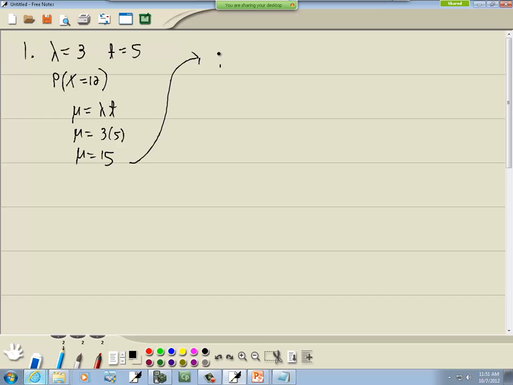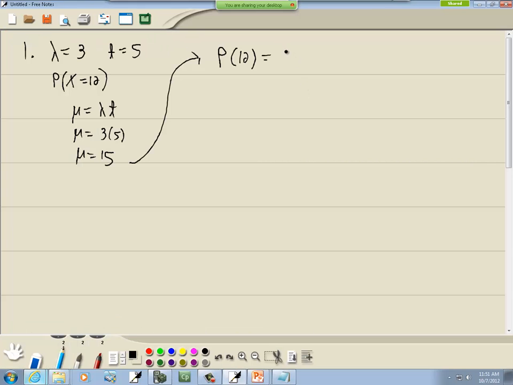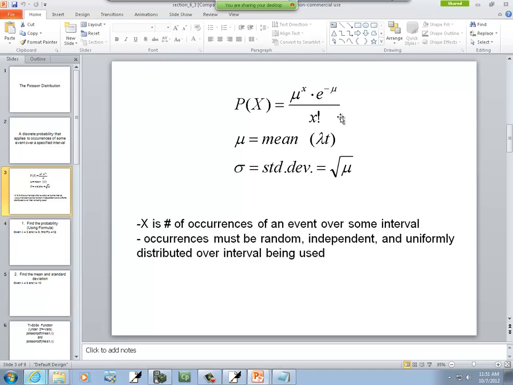Okay, so then the probability of 12. We're going to write down the formula first: mu to the power of x, times e to the negative mu power, over x factorial.